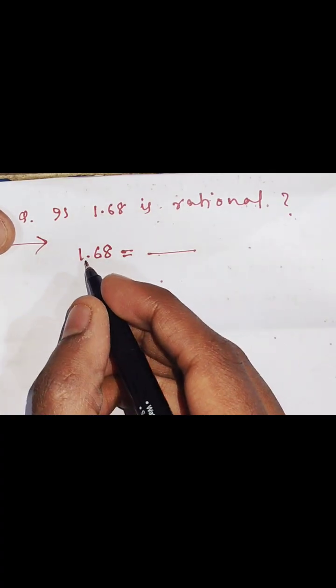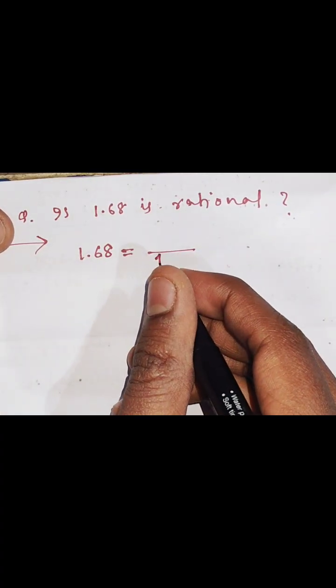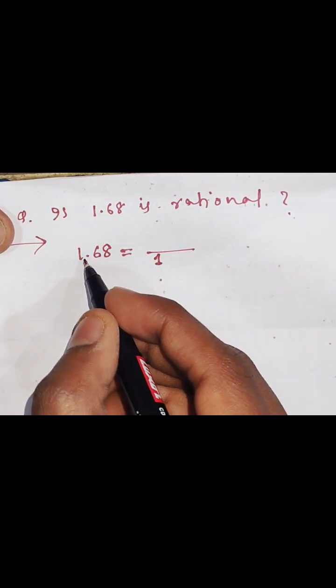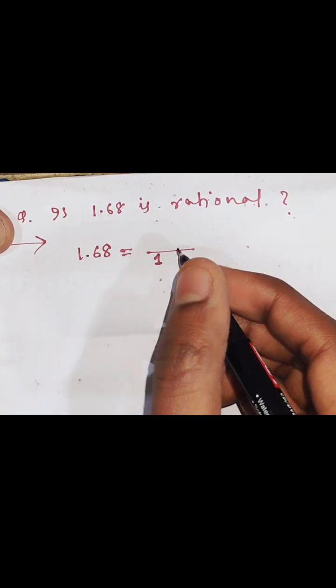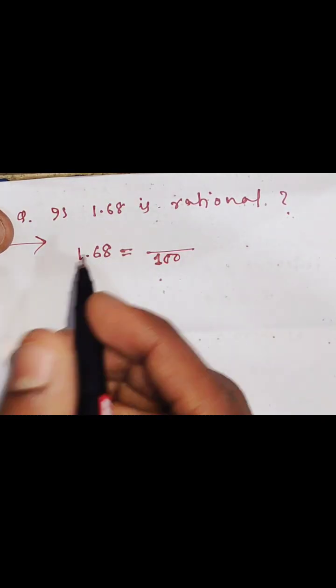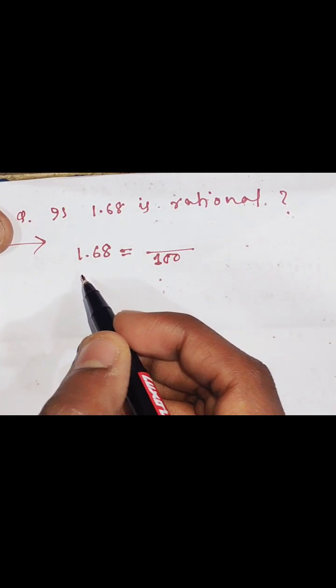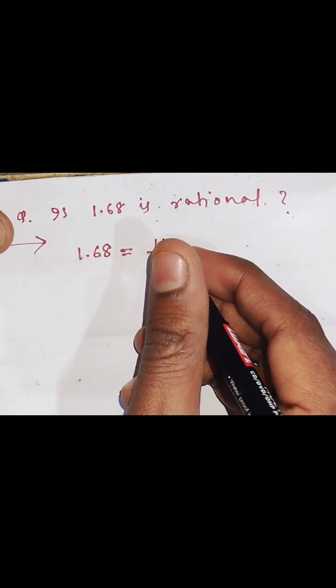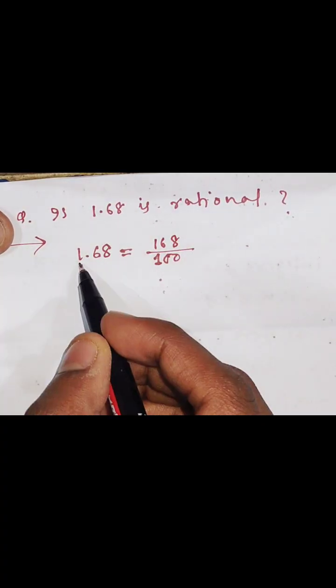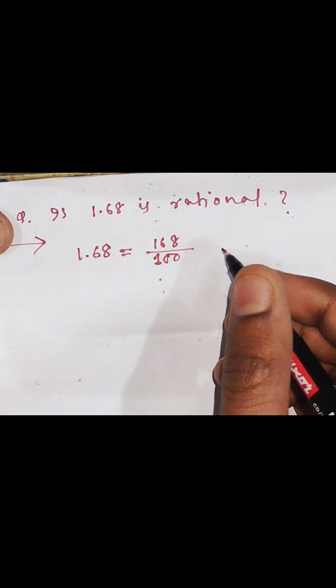So how will it work? For the decimal we'll write 1 in the denominator. After the decimal there are two digits, so we'll write 100. Then the decimal gets eliminated and in the numerator we write 168. So we have converted 1.68 into a fraction.